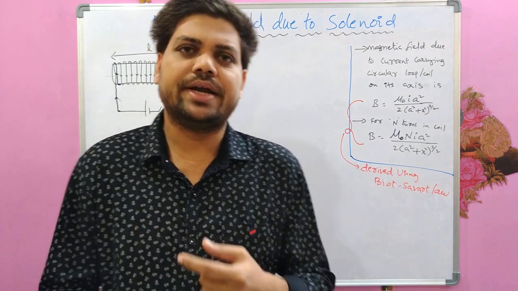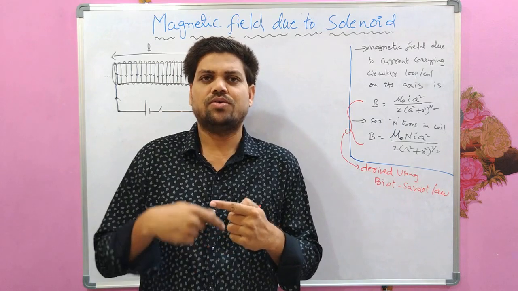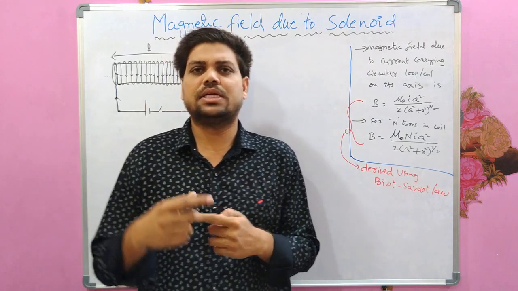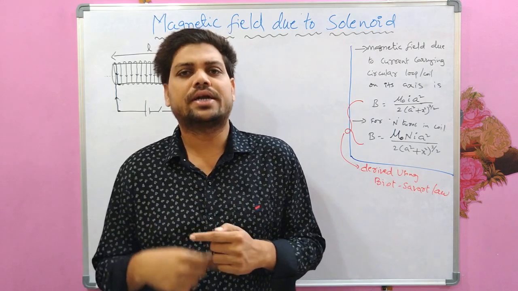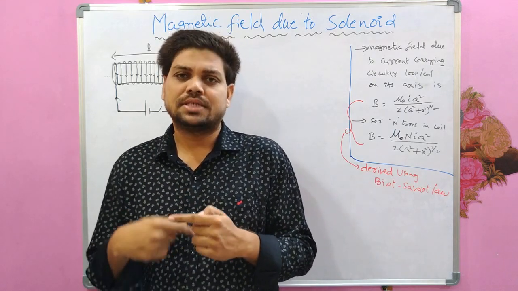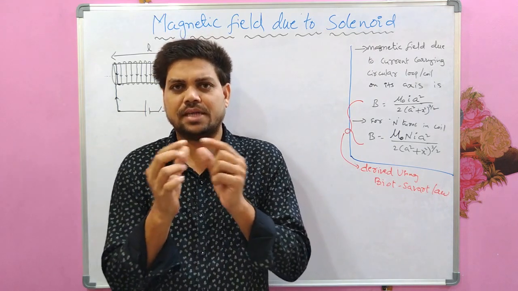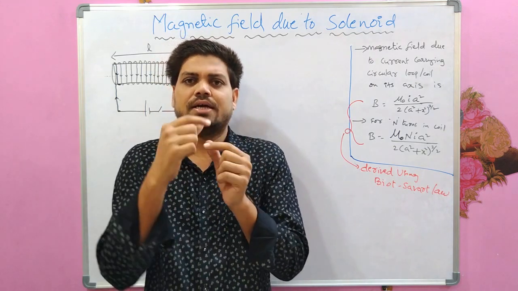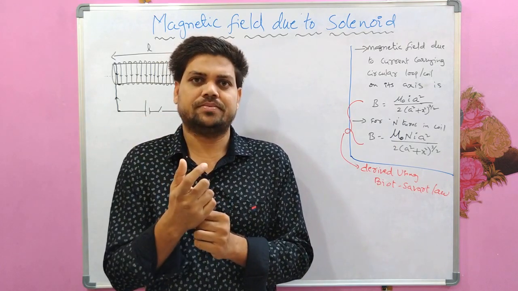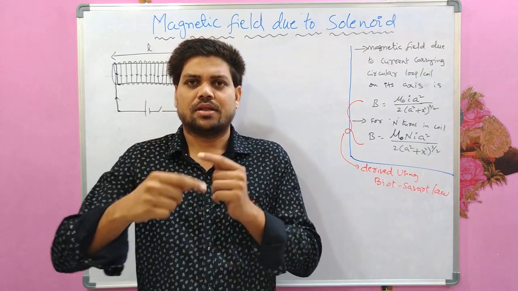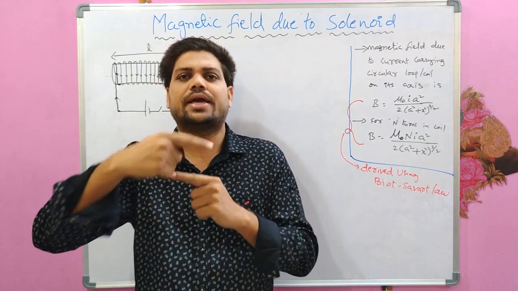Okay, a solenoid is nothing but a wire wound like a closely spaced spiral over a non-conducting cylindrical core. For example, if you imagine a non-conducting cylindrically shaped tube, on that this wire is wound like a helix.